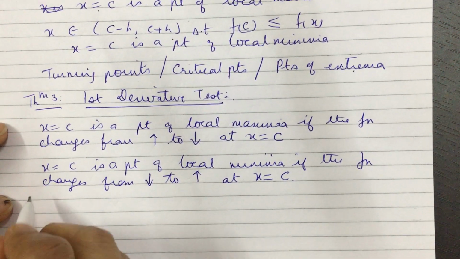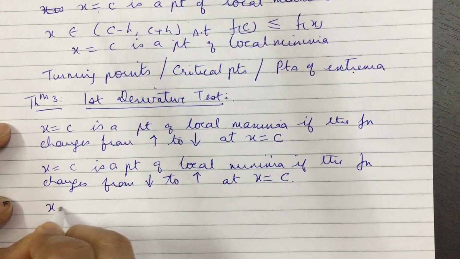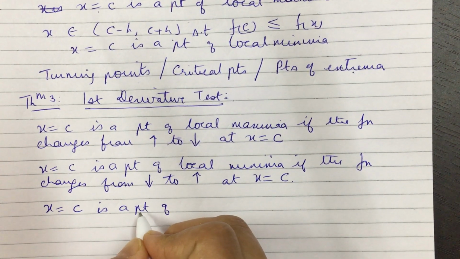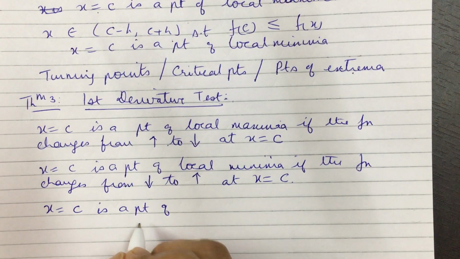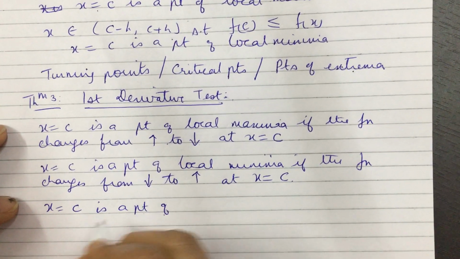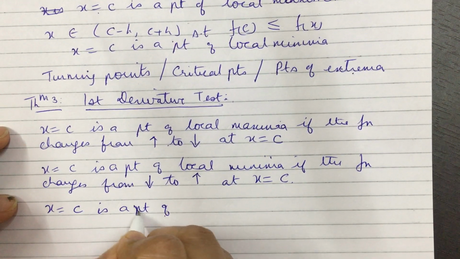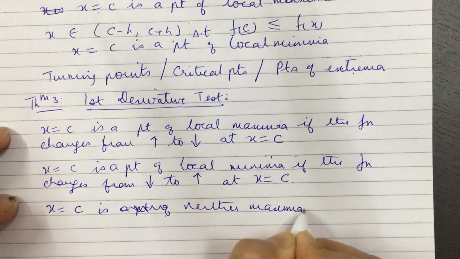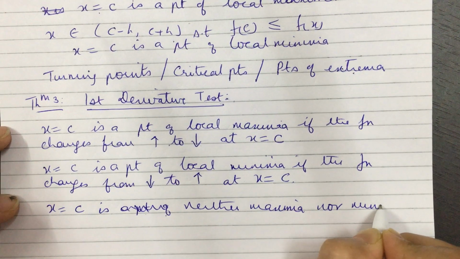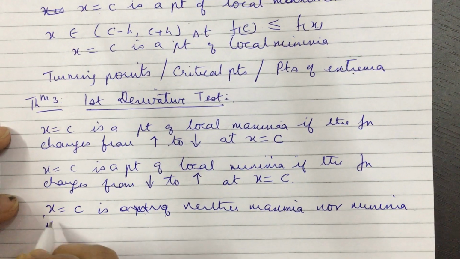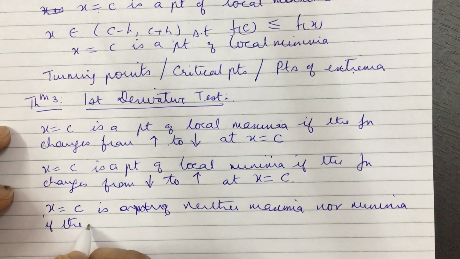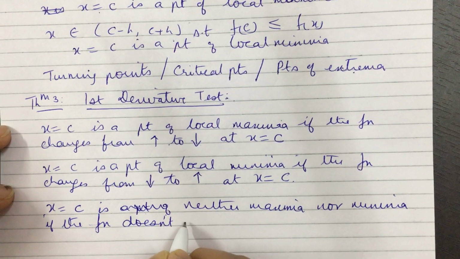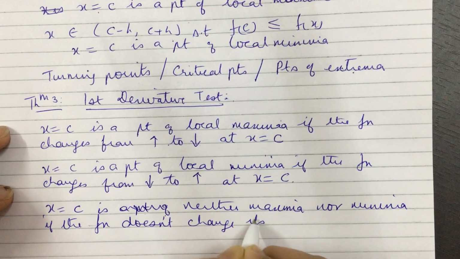and again the third point would be: x equal to c is neither a maxima nor a minima if the function doesn't change its nature.